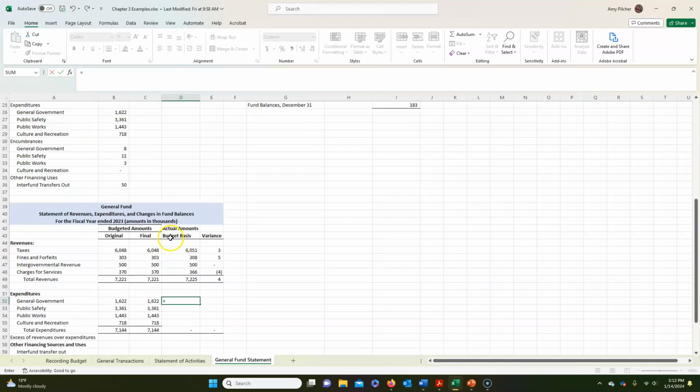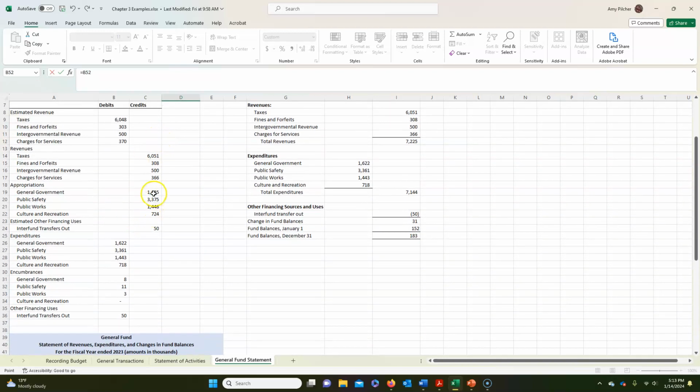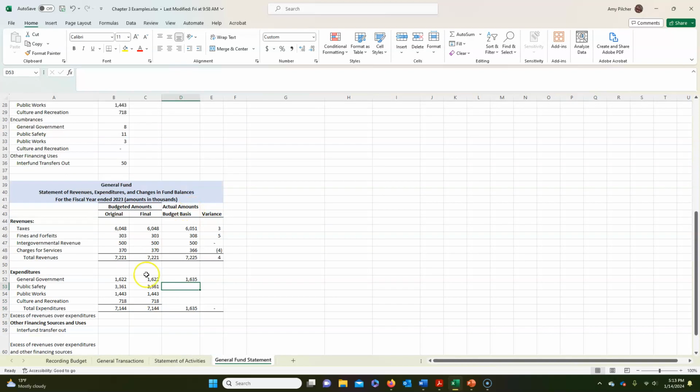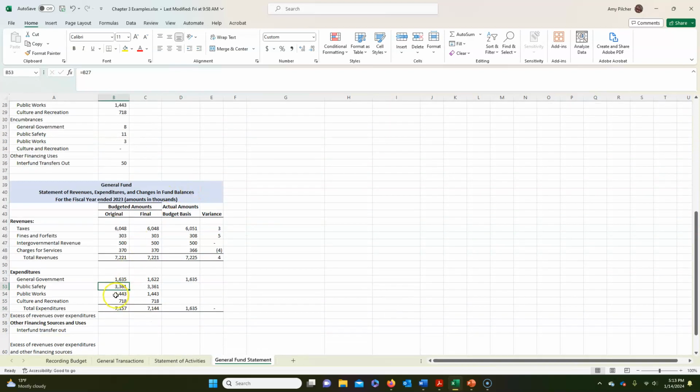Not the appropriation, but the actual expenditures. So let's fix that to where I pull down the appropriations.